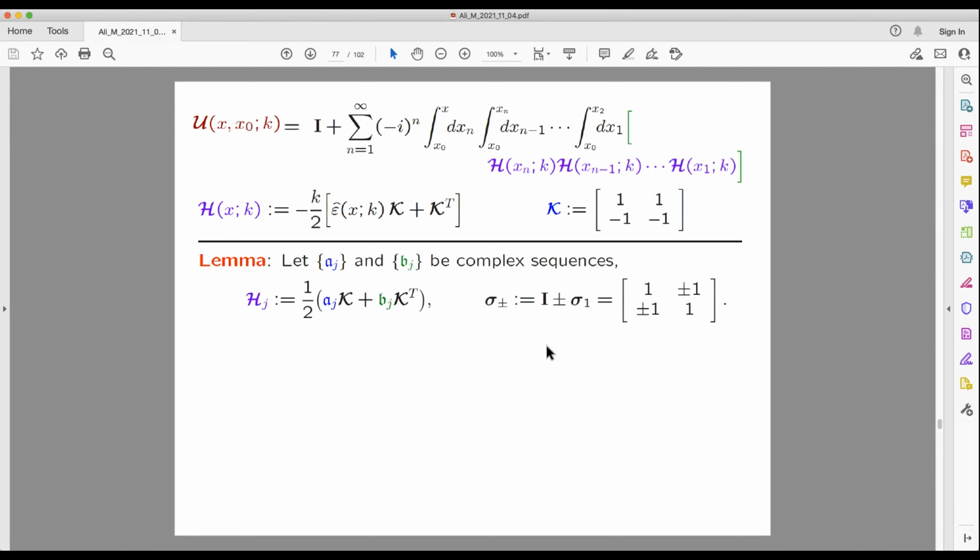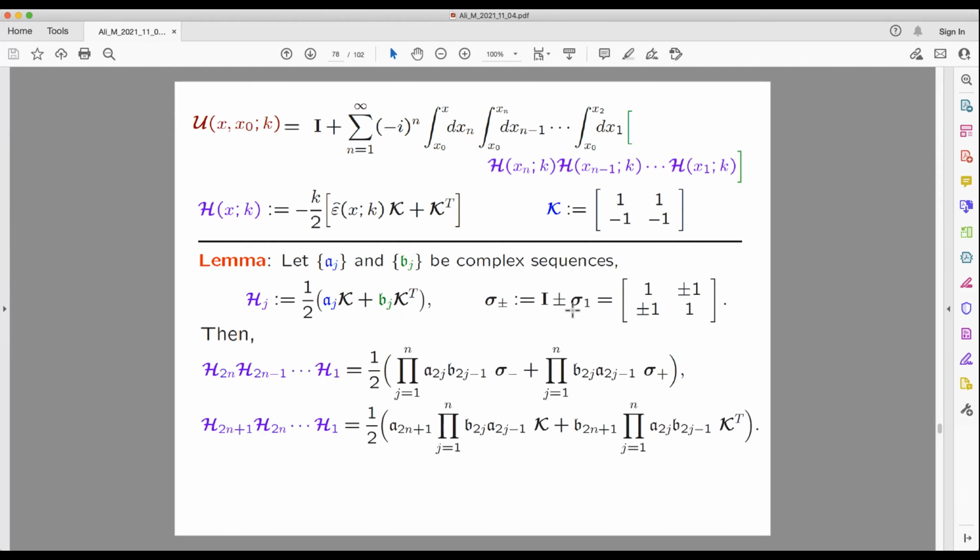So the idea is, how do you multiply these Hamiltonians which have this form? So if you take, this is an example of this H_j, a constant times K plus another constant times K transpose. And sigma plus minus I define to be the identity plus minus sigma 1. These are just Pauli matrices.